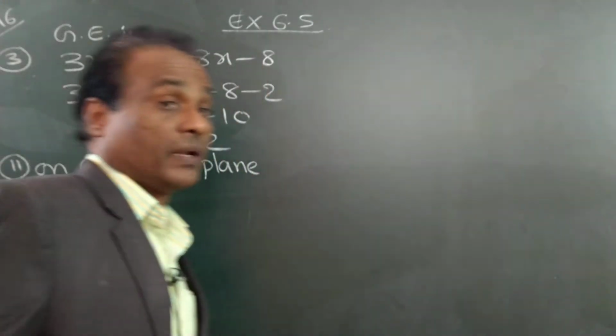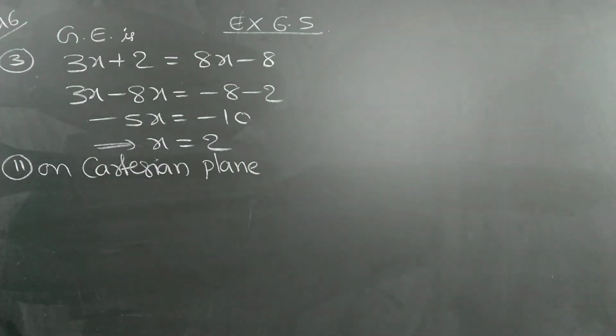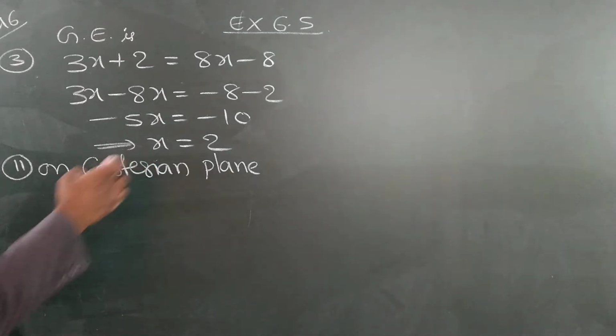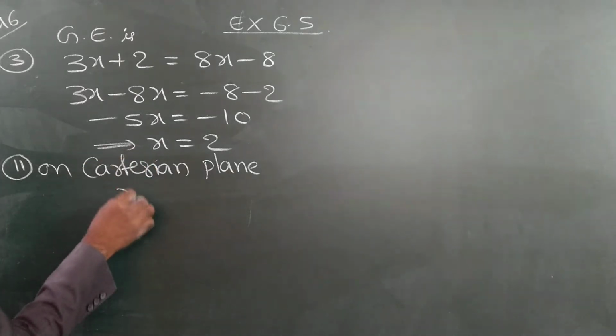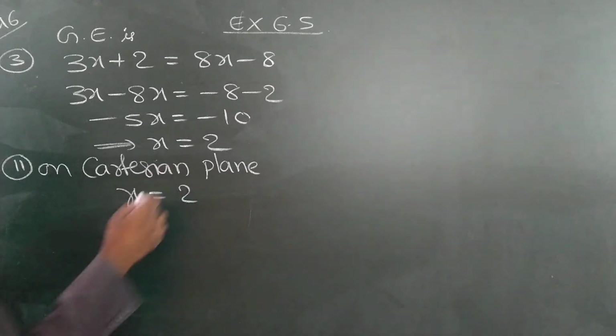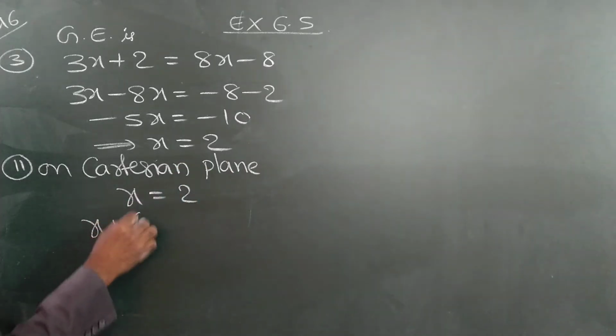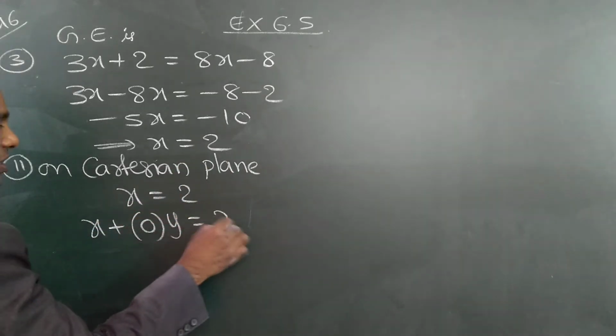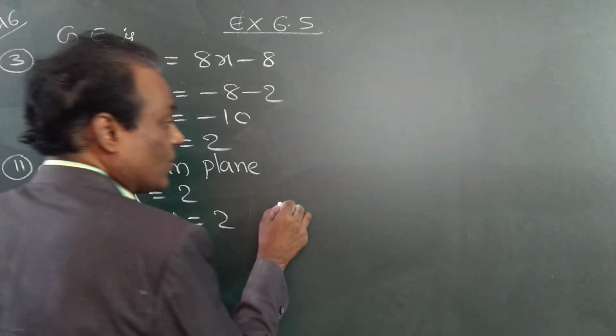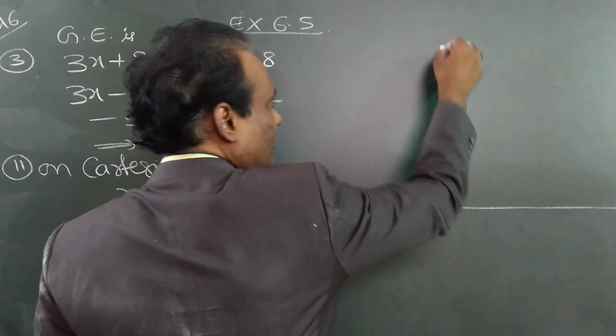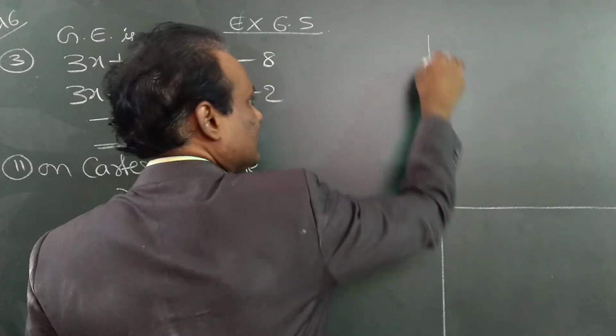What is the equation? X is equal to 2 is the equation. So take some y, because a Cartesian plane means it will have an x axis and a y axis.